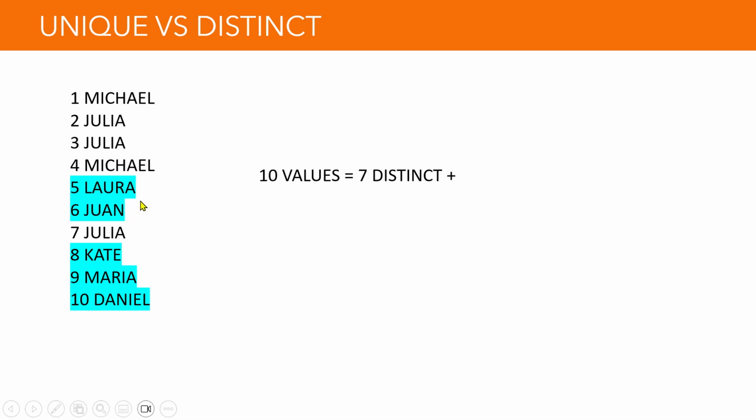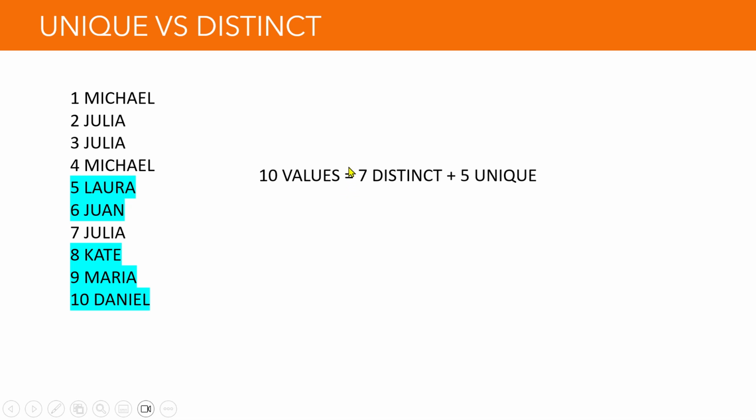So these are the values that since the very beginning never had repeats. So you can say that these 5 are the unique values, which means they were the names that never had any repeat in the table. So this is basically the difference between unique values and distinct values. And of course, this sum here, maybe this was not the best way to describe this as a sum, because 7 plus 5 doesn't equal 10, right?